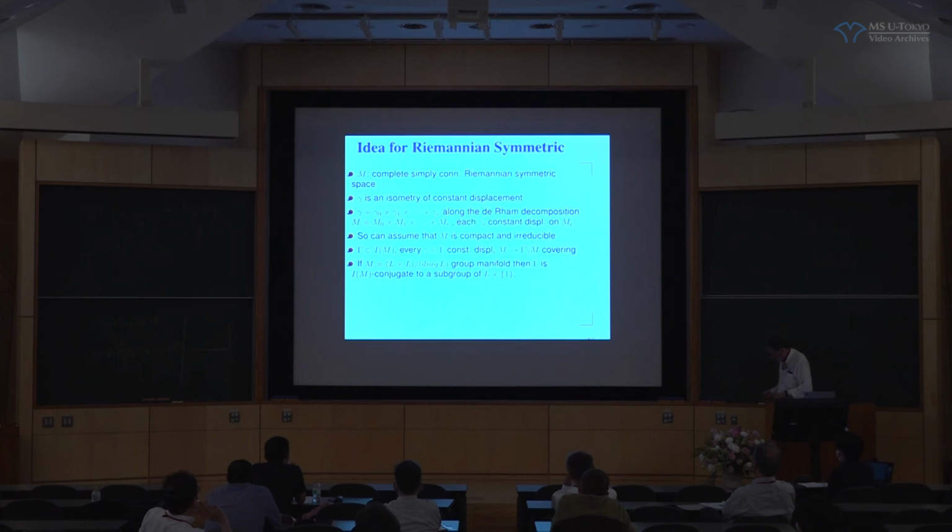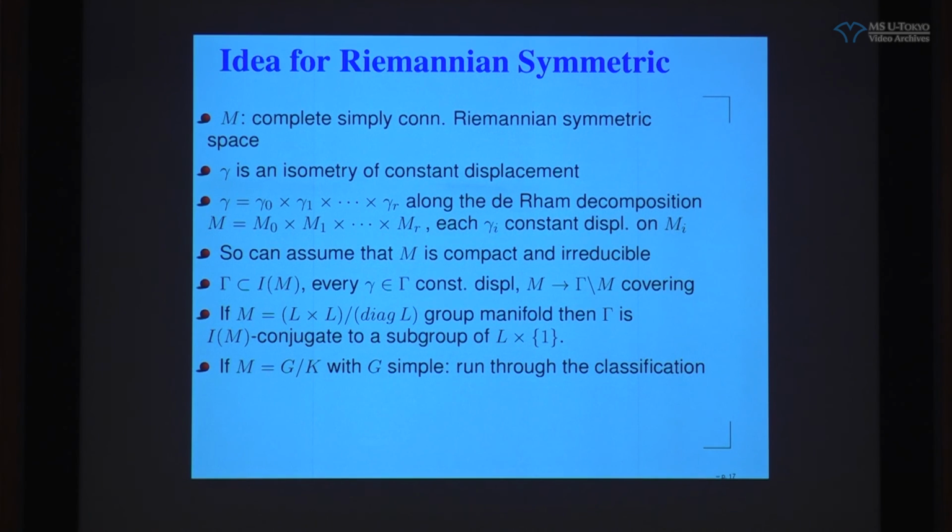Now you can look at the case where M is G mod K, where G is simple. And there, you can first look at the case where the Euler characteristic is positive.